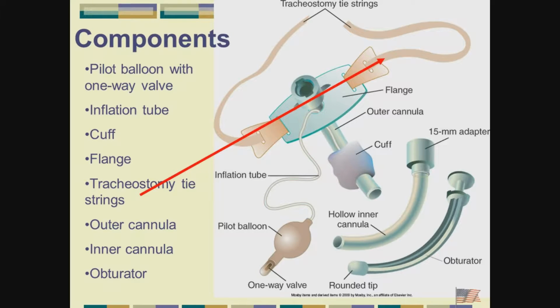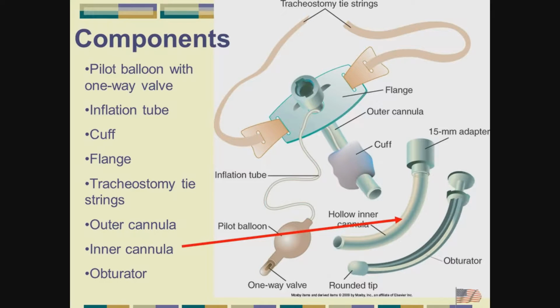Most tracheostomy tubes are dual cannula systems, where there's an outer cannula which is permanently left in place, and an inner cannula which is removable. It's removable so that you can clean it and put a new one back in again. Now, when we talk about trachs, we'll pull out the trach box and show you.